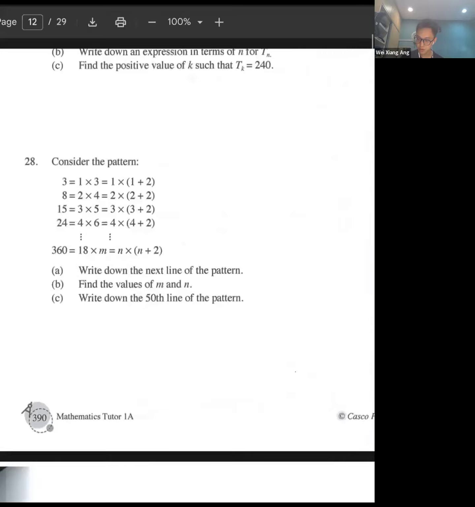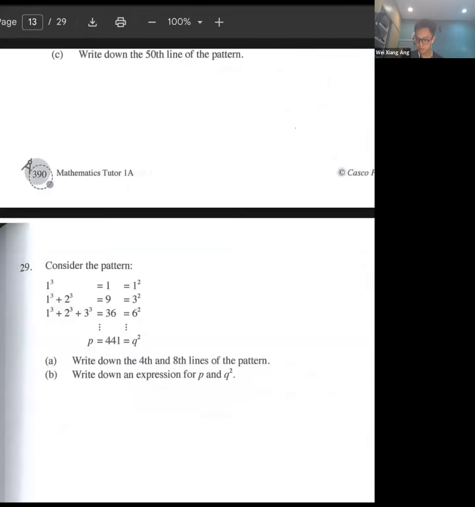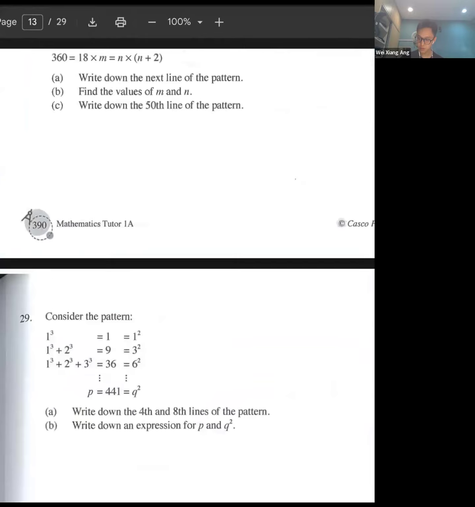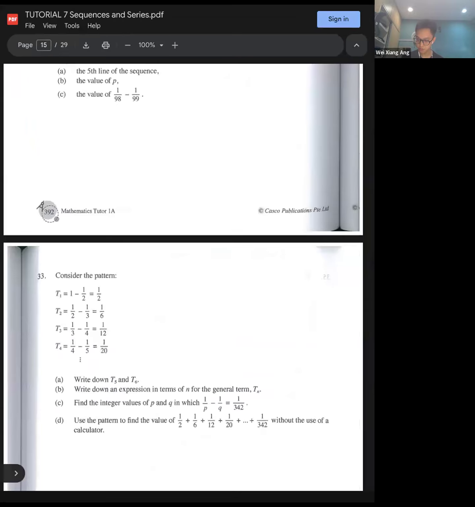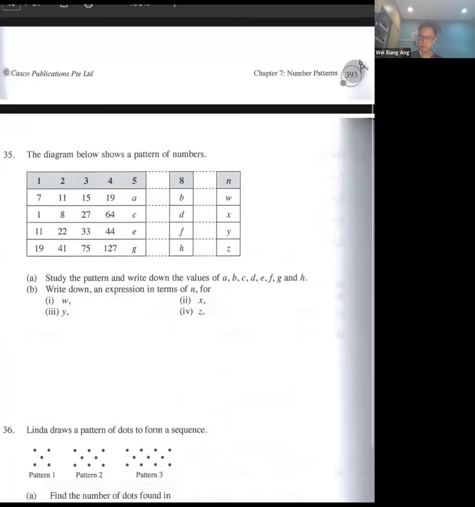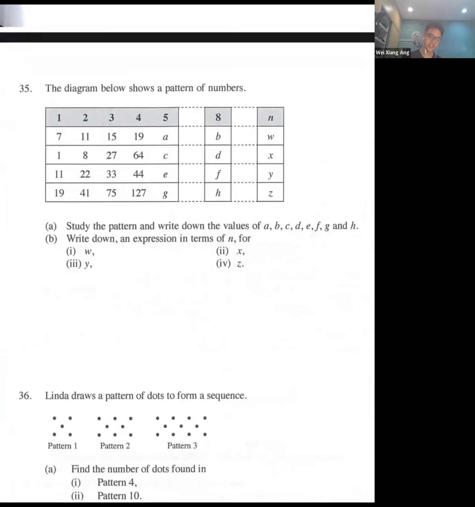Jumping around here and there because we don't have much time, so I don't want to do everything. Where's the shape? This one. I did this with like 10 students, and 10 cannot solve one.